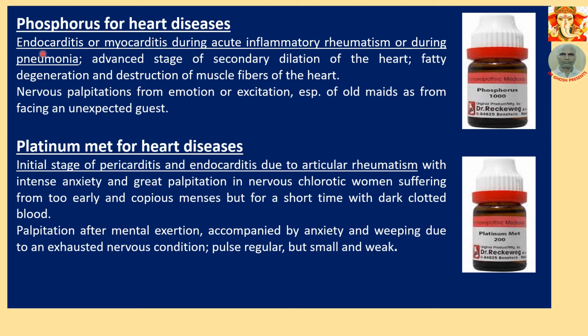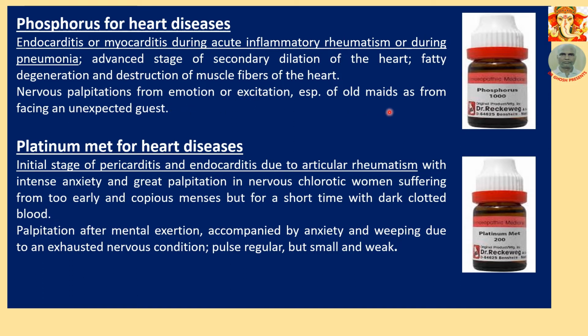Phosphorus is a very great medicine here. We can see that endocarditis and myocarditis, both have been affected. Dilatation of the heart is there. Fatty degeneration of muscle fiber is also there, and nervous palpitation. This is a functional stage. The maid faces excitation. As she faces an unexpected guest, she becomes excited and nervous.